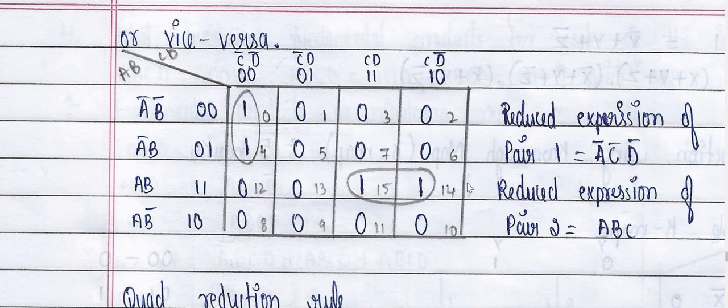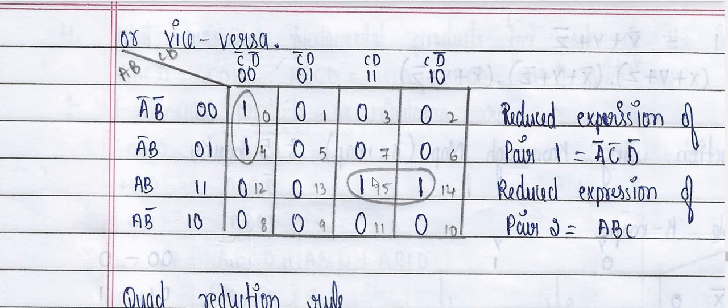Then we consider the second pair. Which is the second pair? Yes, 15 and 14. That is a pair. First, consider the left side. What is the left side of 15, 14? Left side is A B, and A B should be there, there is no change.